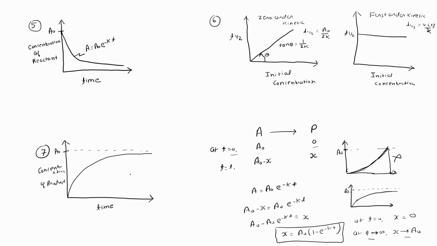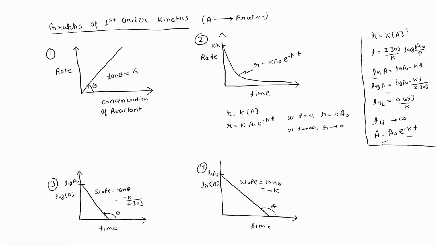Okay, so for first order kinetics, these are the 7 curves that are important. If you have any one type of curve, you should know which order kinetics the question talks about. If the rate increases linearly with respect to concentration of reactant, it means first order kinetics. If rate is exponentially decreasing with respect to time, it means first order kinetics.